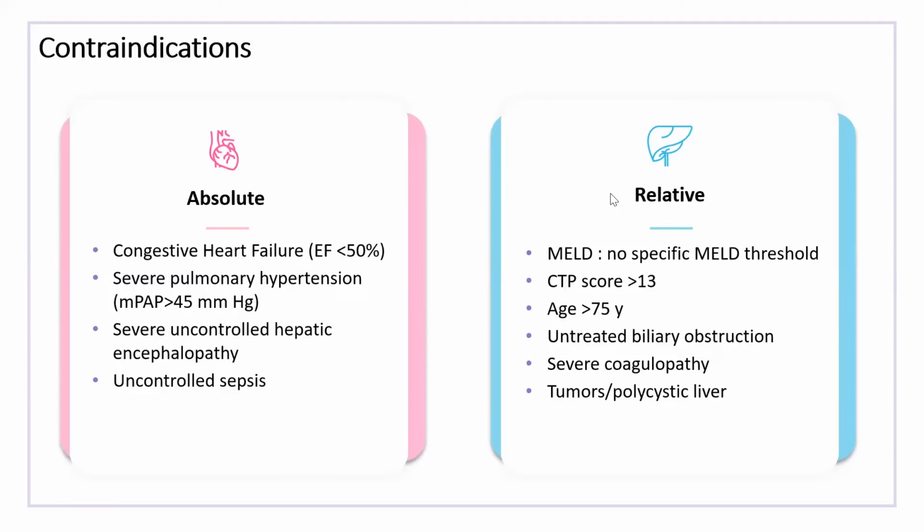We do get an echo before we proceed with TIPS. And severe uncontrolled hepatic encephalopathy is not the patient who presents with a variceal episode and is confused or obtunded because of that episode, but it is that patient who was getting admitted to the hospital every few weeks for hepatic encephalopathy before the bleeding event.